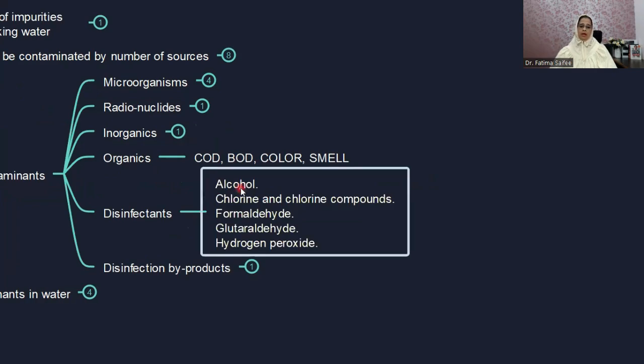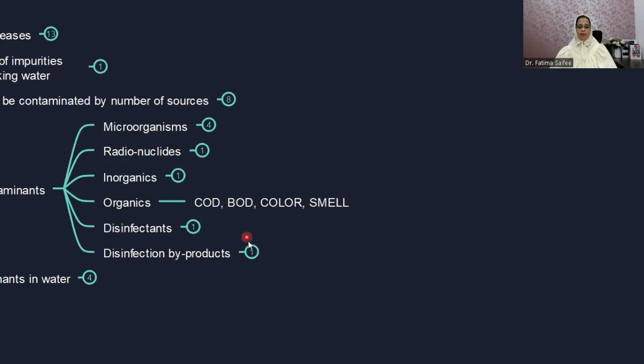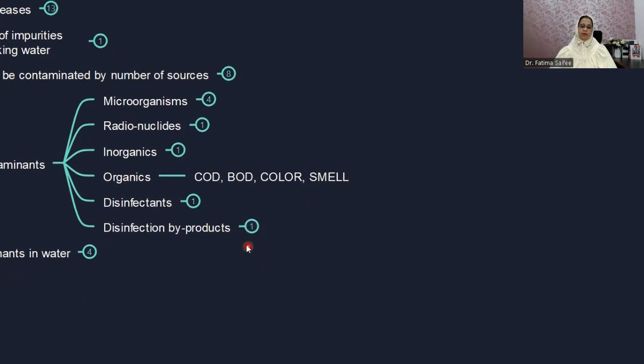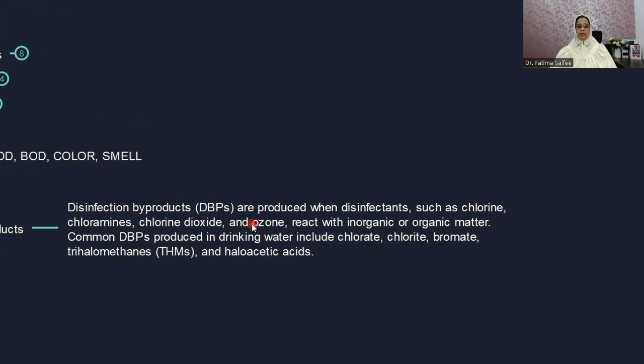Disinfectants can be alcohol, chlorine and chlorine compounds, formaldehyde, glutaraldehyde, and hydrogen peroxide. These can all be present in the water. For a few important productions, we have to check each and every type of impurity to give a safe and good quality product.